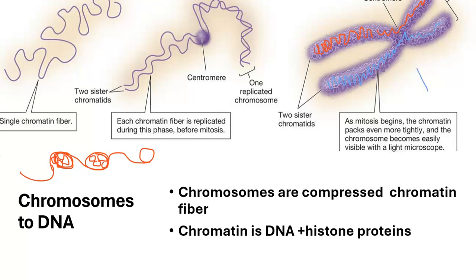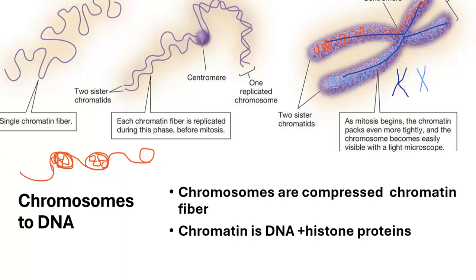A lot of times we write a chromosome and we represent it as the letter X, but really what we're showing by doing that is that it is a duplicated chromosome consisting of one sister chromatid, and here's our other sister chromatid, right? So one chromosome, and here's the sister chromatid or the copy of it, and it then makes that X-shaped structure.